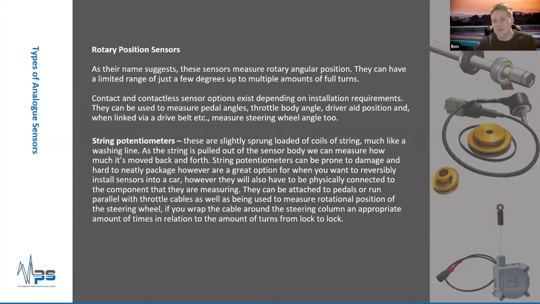So these can be a great way of monitoring your steering angle and how the driver uses a steering wheel. The top right is an example which I've used, where you use a small drive belt which connects your steering column to the sensor, and it follows your steering inputs.